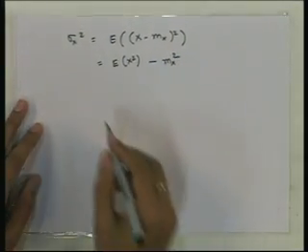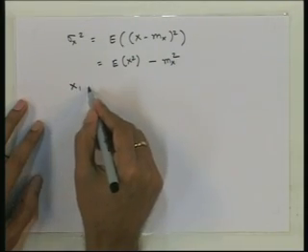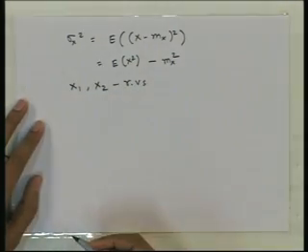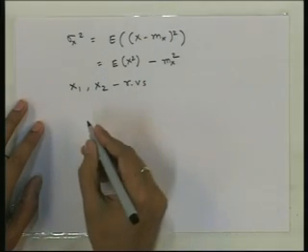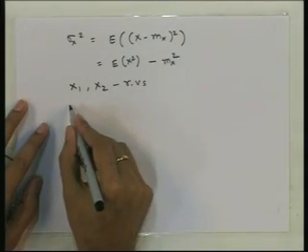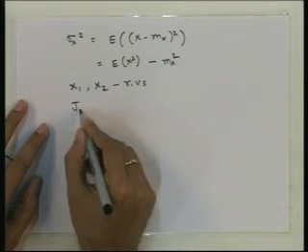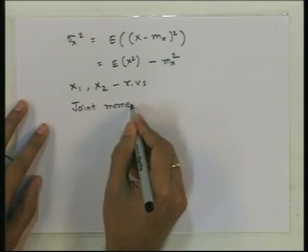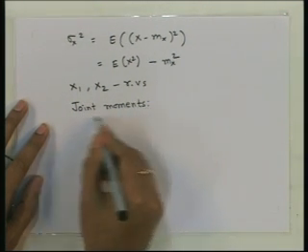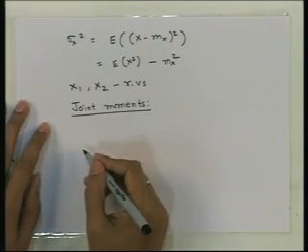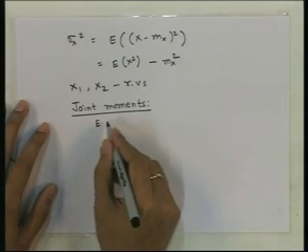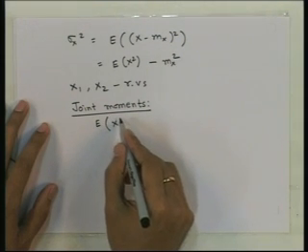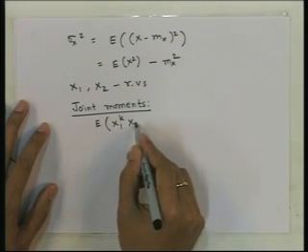Now, if you have two random variables x1 and x2, then the joint moments can be defined as the expectation of the product x1 power k, x2 power n.